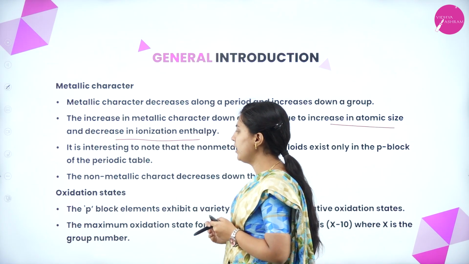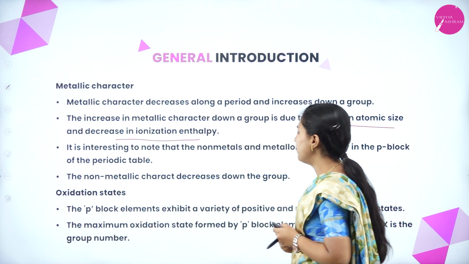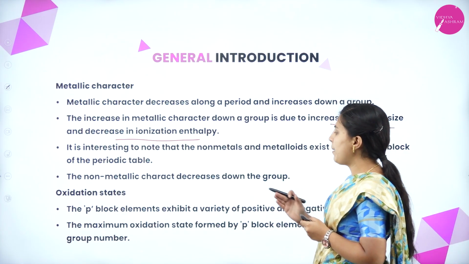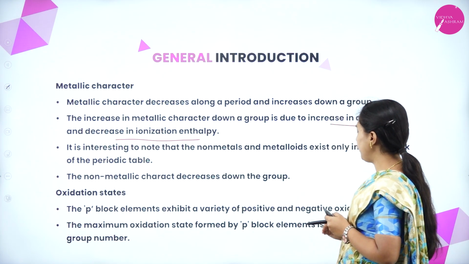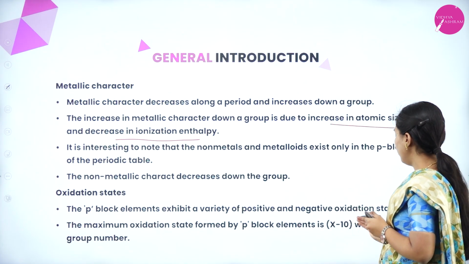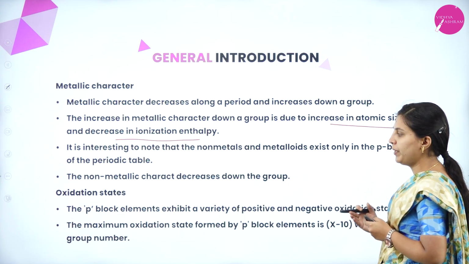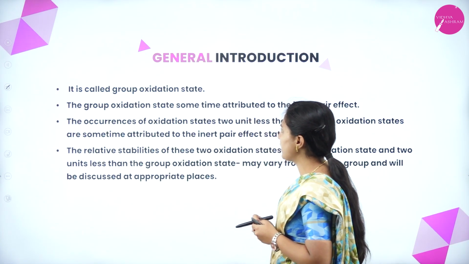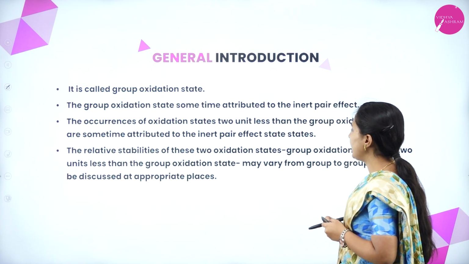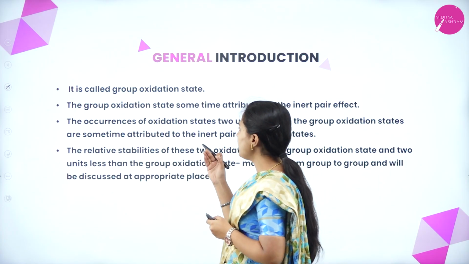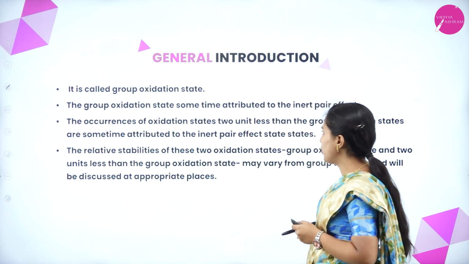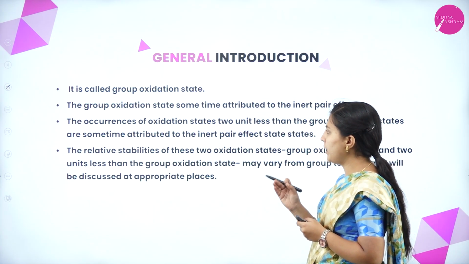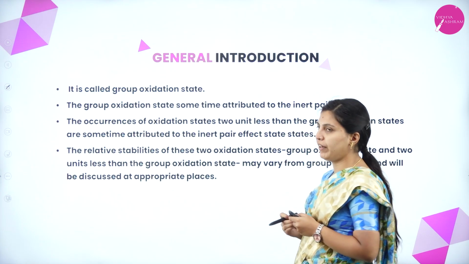Next, oxidation states. The p block elements exhibit a variety of positive and negative oxidation states. The maximum oxidation state formed by p block elements is 10 minus X, where X is the group number. It is the group oxidation state. The group oxidation state is sometimes attributed to the inert pair effect. The occurrence of oxidation states 2 units less than the group oxidation state is sometimes attributed to the inert pair effect.